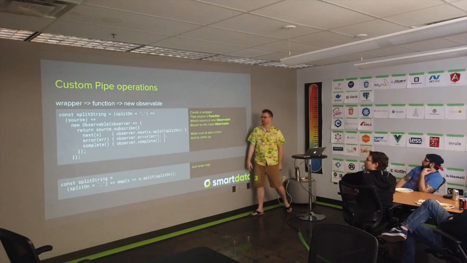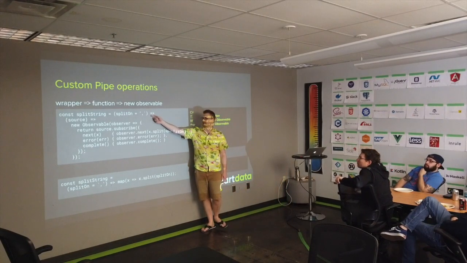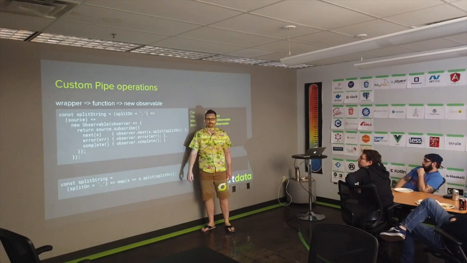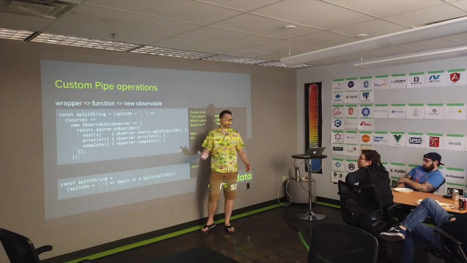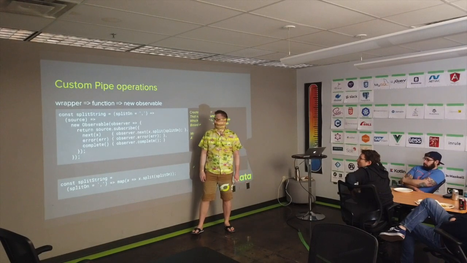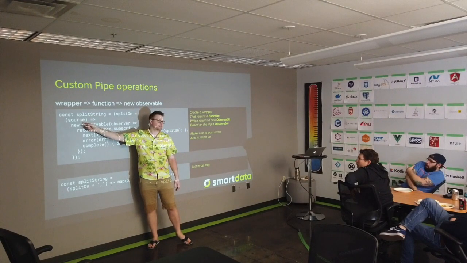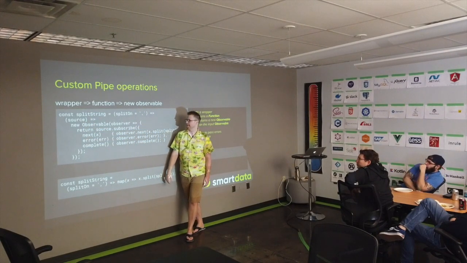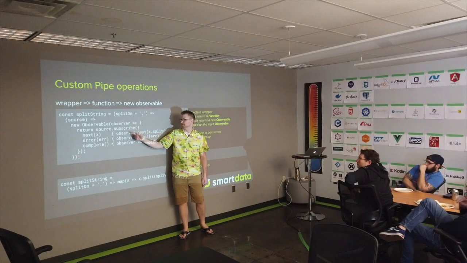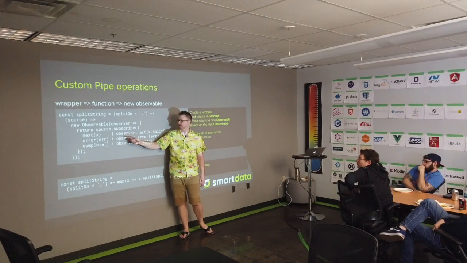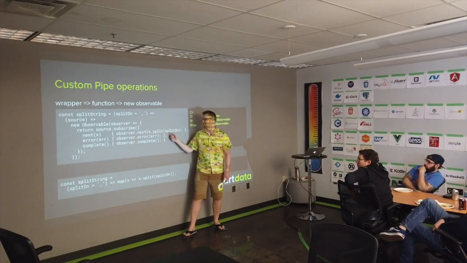With my little simple example here, I have a split string. I give it a split on, which defaults to a comma. Here I'm going to return a function that accepts a source observable, and it's going to return a new observable. Inside this new observable, I'm going to subscribe to the source, and then on next, I'm going to do my little split.